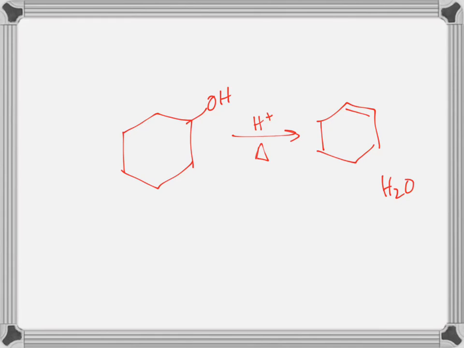And I add a strong acid and a little bit of heat, what happens? I lose the alcohol and I form water. Okay. The name for this reaction is known as, for those of you that have already taken OChem, nobody? Nobody wants to jump out on that limb?